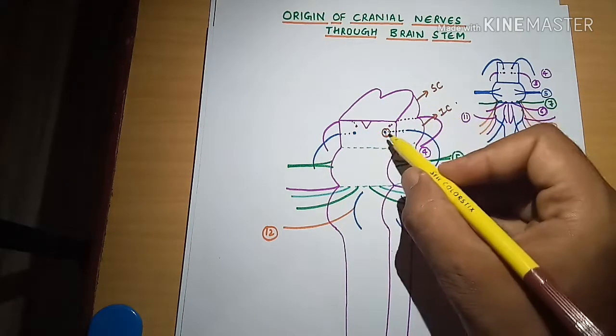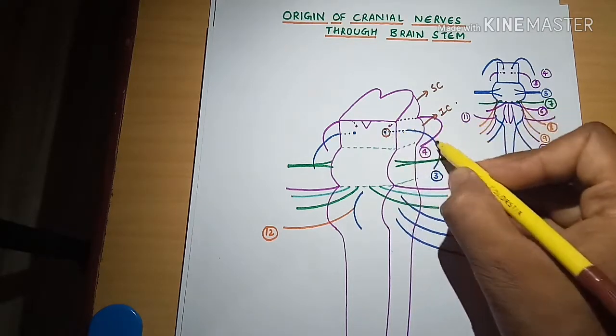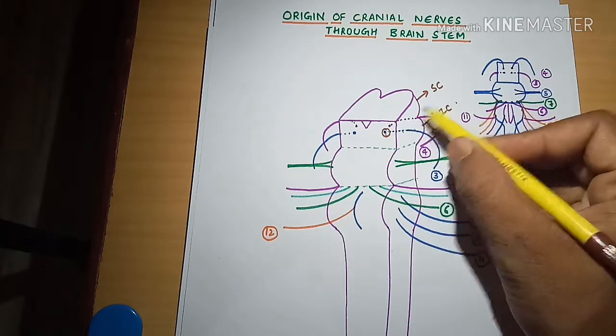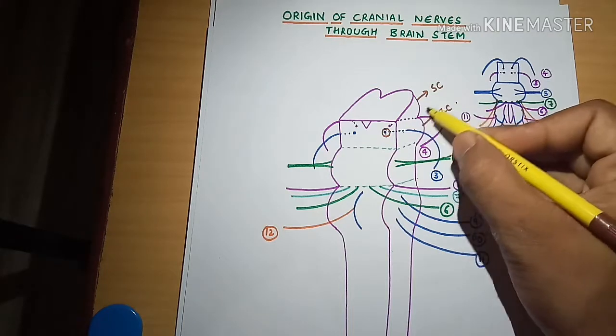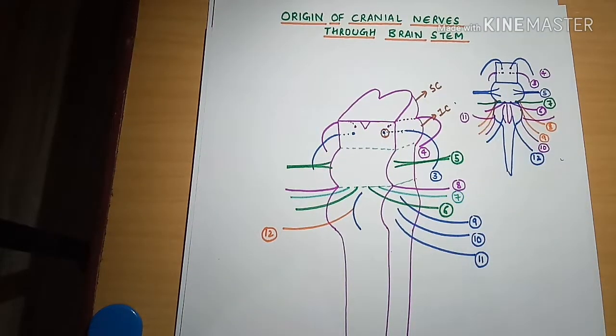So the third cranial nerve gets its origin from the anterior lateral side of the midbrain, and the fourth cranial nerve gets its origin from the posterior aspect of the midbrain and runs in the forward direction. So in the midbrain, the third and fourth cranial nerves get their origin.